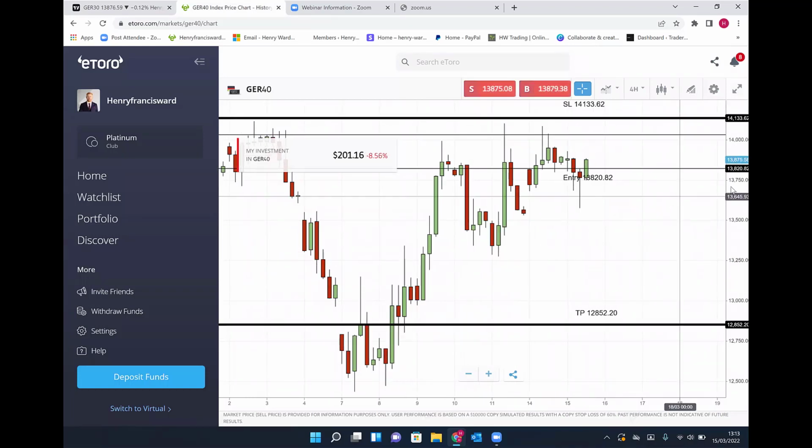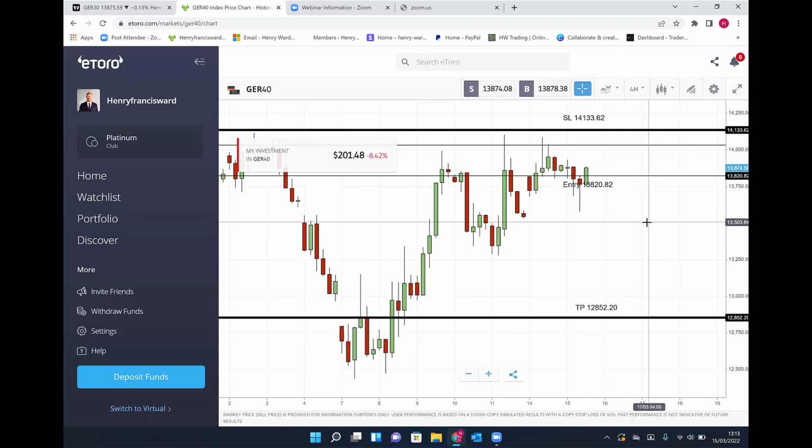So the idea on this particular trade, yeah, my internet is volatile, but this is the work internet. It should be good. So there's my stop loss, and then there is my entry. The entry was at 13,820, and the stop loss is up there at 14,133.62.